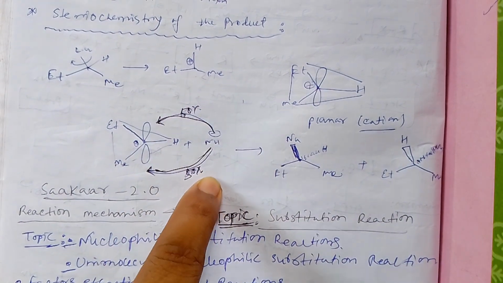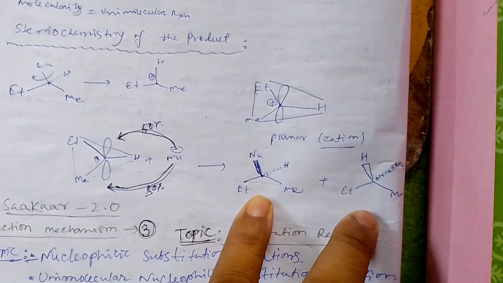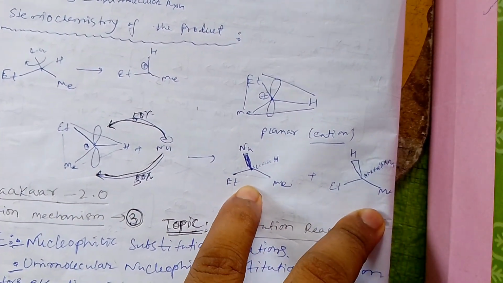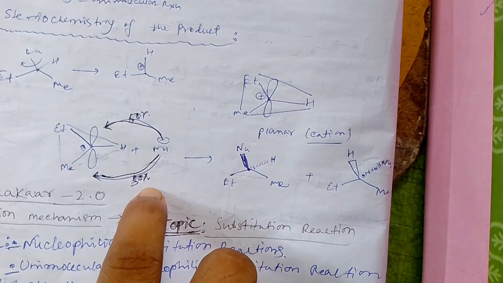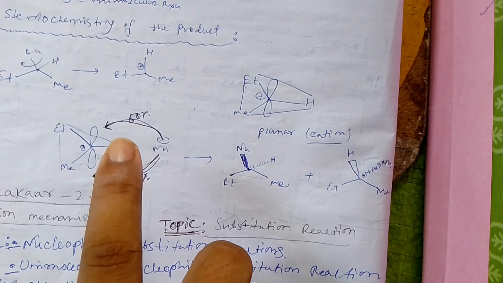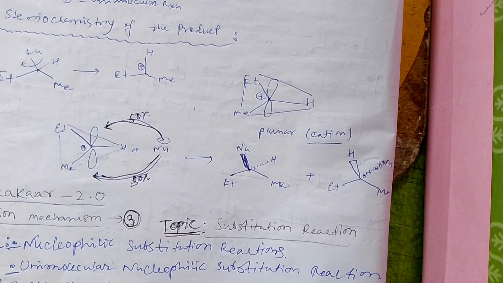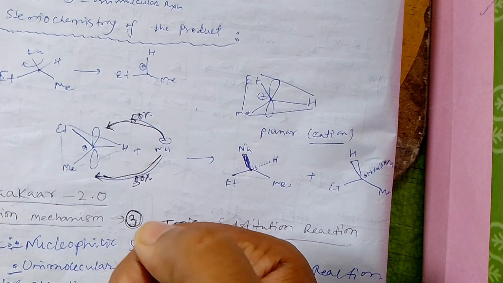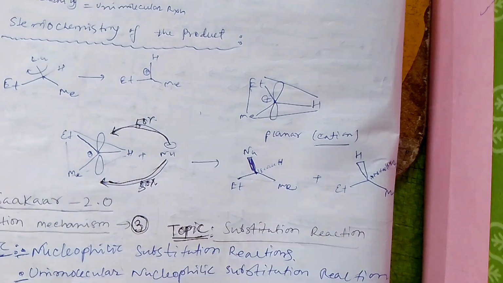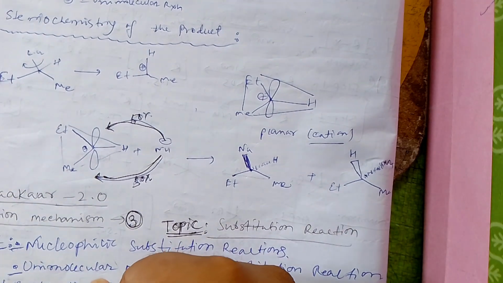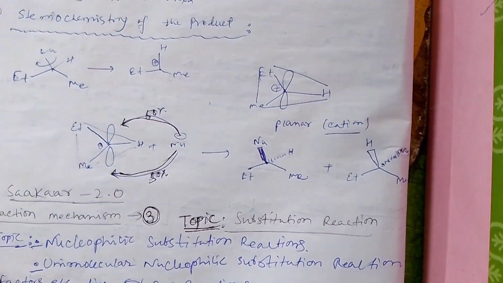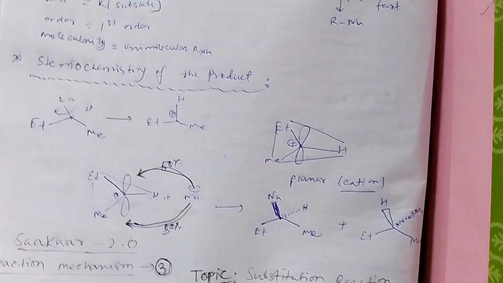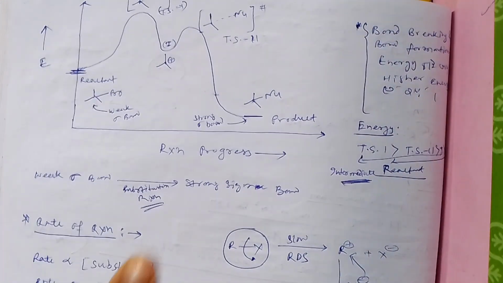Okay, although it's a 50-50 chance, it depends on which side the leaving group is. If the leaving group is on this side, then this side gives some lesser amount of product. Okay, I will discuss it later, but that's the process. That's the whole process, you know it. That's the energy profile diagram.